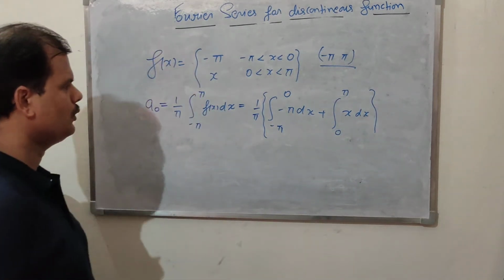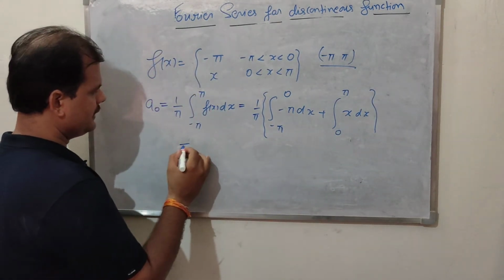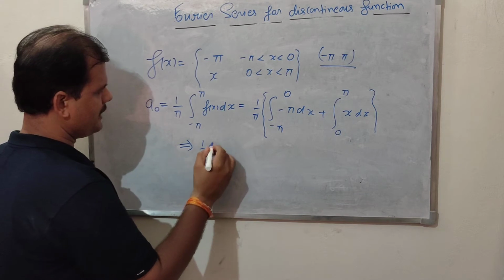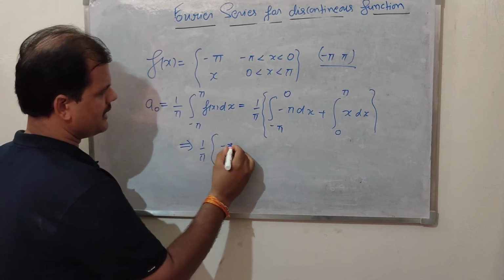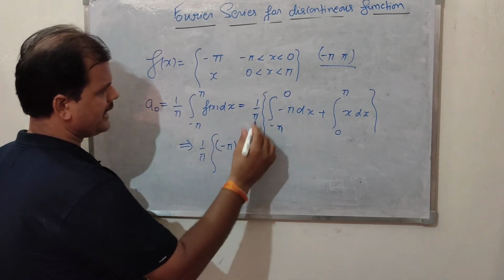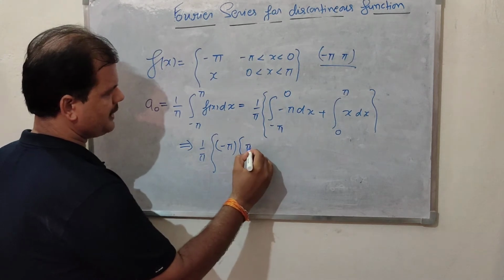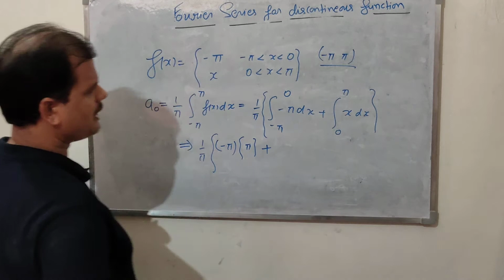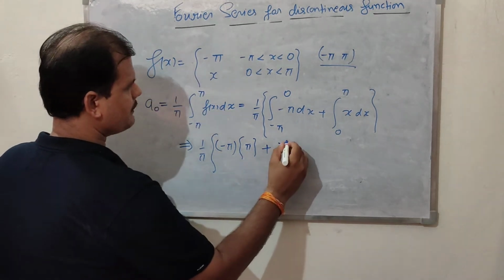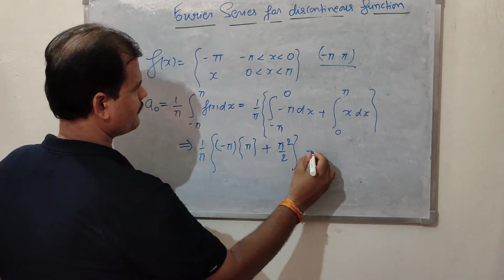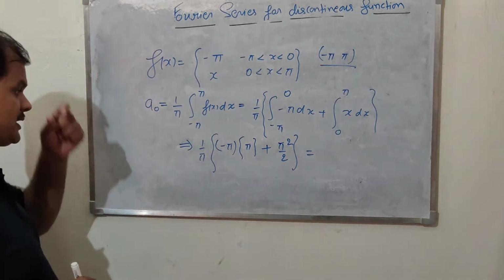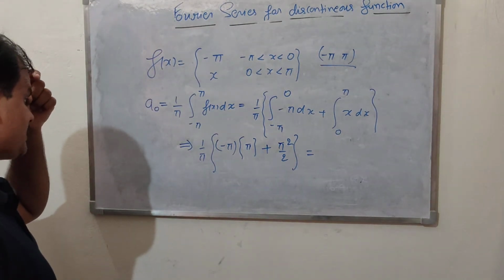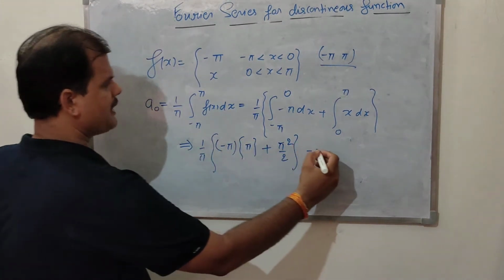Now let me integrate: 1 by pi, minus pi x from minus pi to 0, plus x square by 2 from 0 to pi, which gives pi square by 2. So here minus pi square plus pi square by 2, so minus pi square by 2 pi, so minus pi by 2.